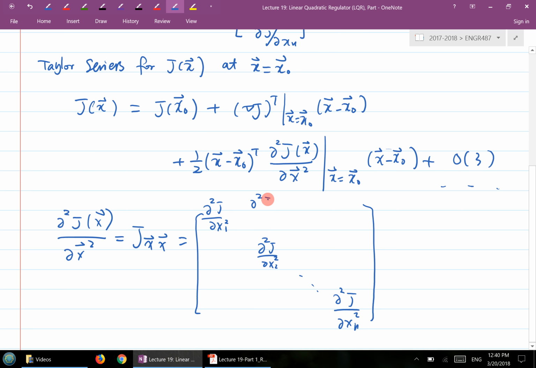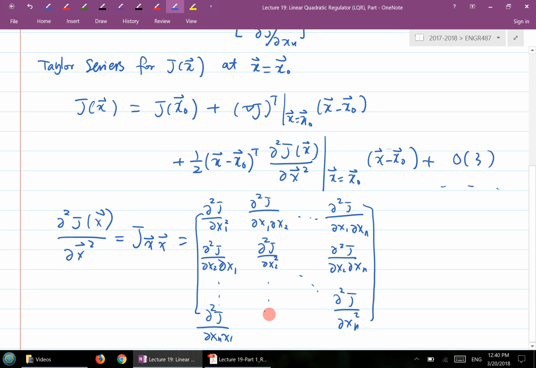So this is partial squared J over partial x1 partial x2, up to partial squared J over partial x1 partial xn, and here partial squared J partial x2 partial x1, then partial x2 partial xn, and here partial squared J partial xn partial x1, partial xn partial x2.